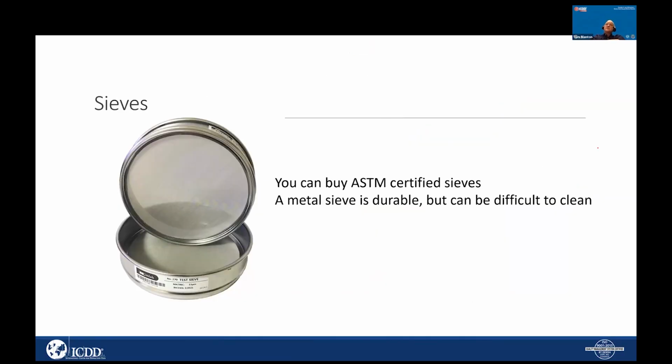Sieves can be used to segregate out large and small particles. You can buy what are called ASTM certified sieves. Generally, for your powder XRD work, it doesn't have to be ASTM certified, but you want to get a good, reliable sieve. Now, the problem here is these metal sieves are very durable.